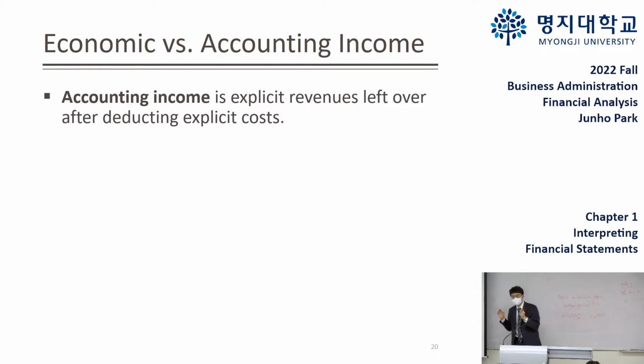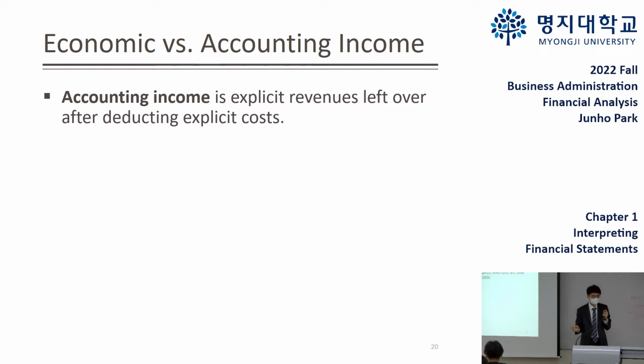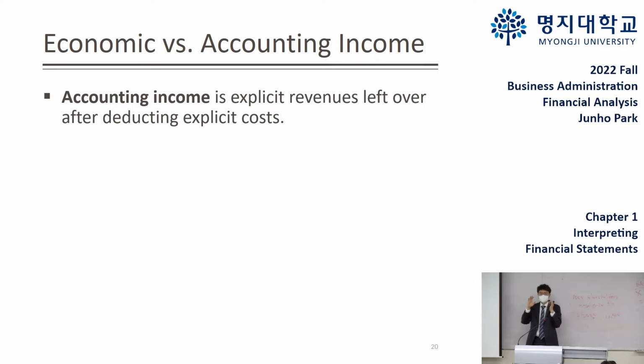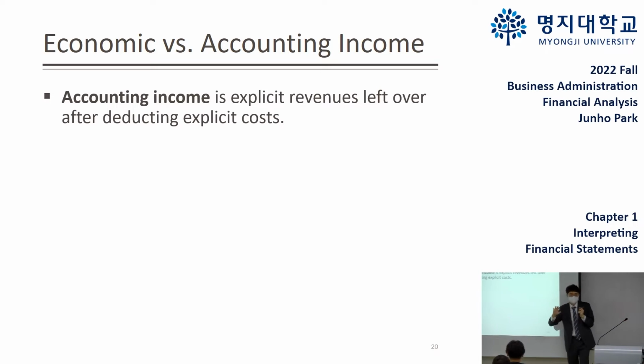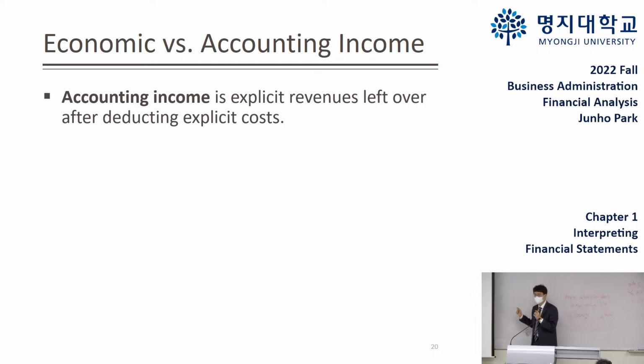They only take care of the explicit revenues, something that we can directly see or directly observe. And they also remove only the explicitly written costs, and then calculate their accounting income. So there are two problems.